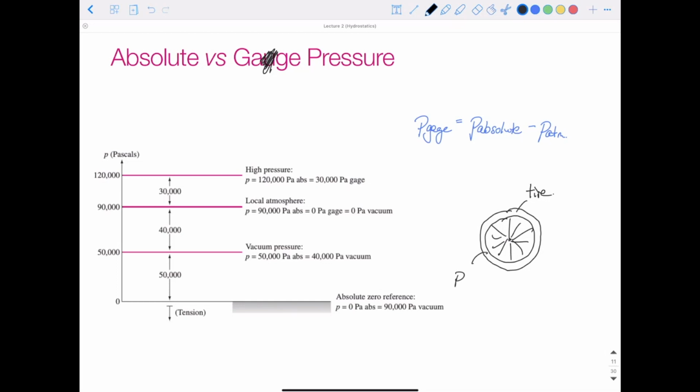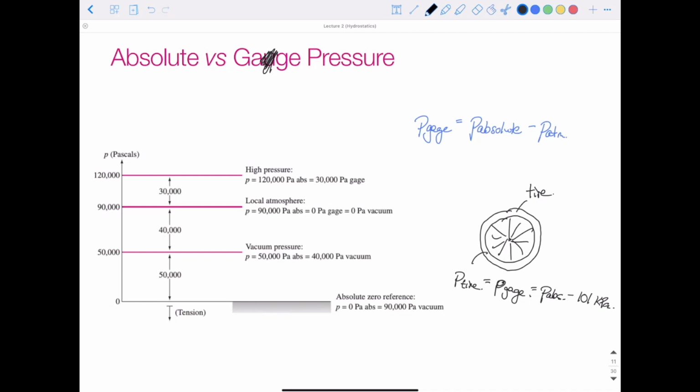So the pressure of the tire that you would read is equal to the gauge pressure, and this would be equal to, I guess, your absolute pressure minus your atmospheric pressure, so 101 kPa.